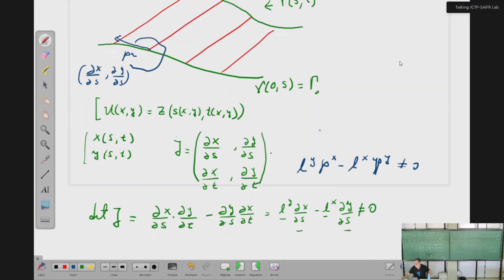And that means that L is not equal to alpha times P. So it will work as long as L is not tangent to the surface, the initial surface. If L is not tangent, then you can invert this matrix and compute a solution for x, y in terms of s, t. Okay? So that's the condition you need.